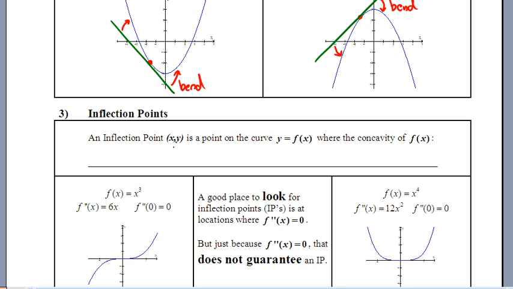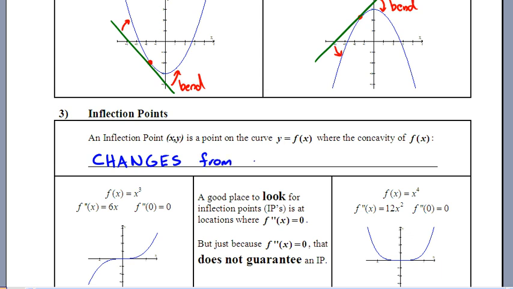So an inflection point (x, y) is a point on the graph where the concavity of that function, and here's the big difference between it and a critical point, actually has to change. So there must be a change of concavity from a positive to a negative second derivative, or the other way around.